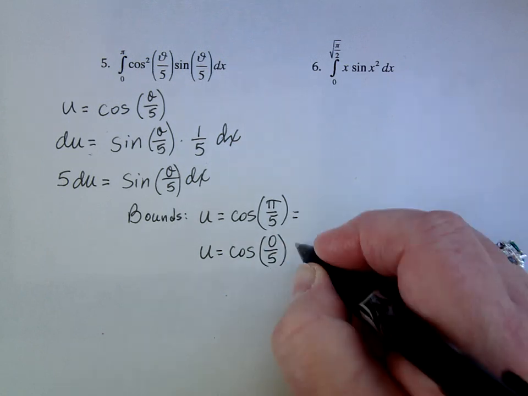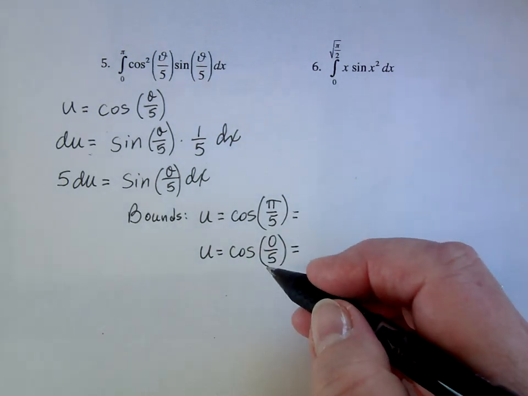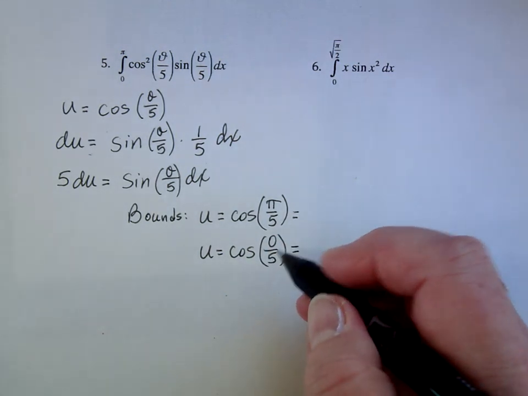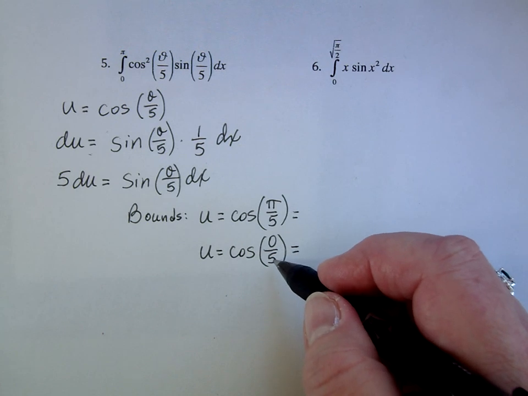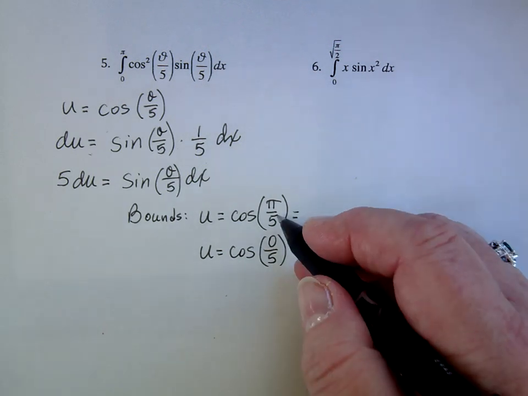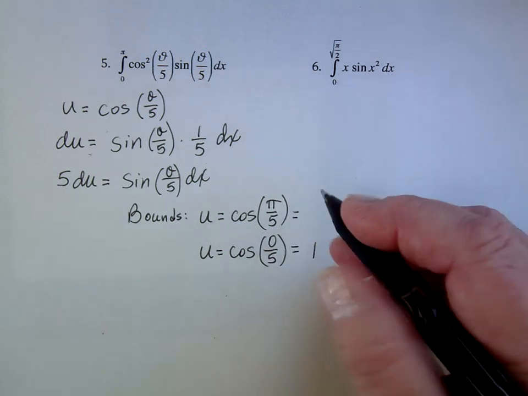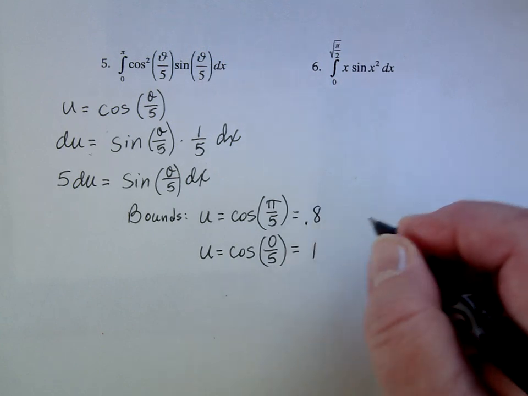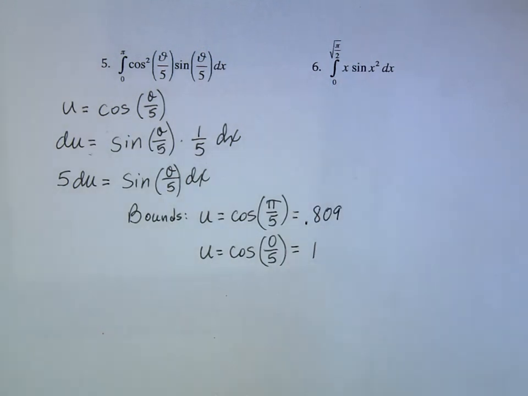Well, 0 over 5 is just 0, so that's kind of nice. I can figure that out pretty easily. Cosine would be the x value at 0, which is a 1. If I go to my handy-dandy calculator, the cosine of pi over 5, you get 0.809. I did that already in the calculator, but you can check me out and make sure that that's correct.